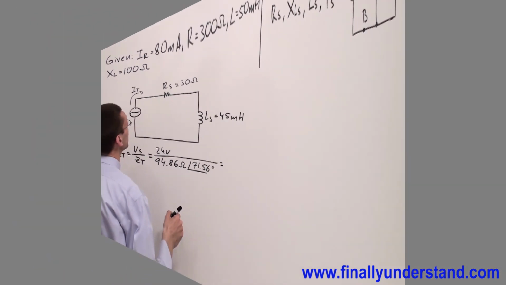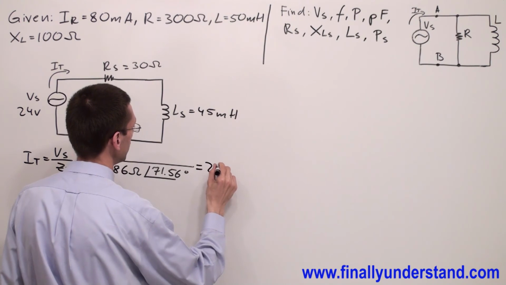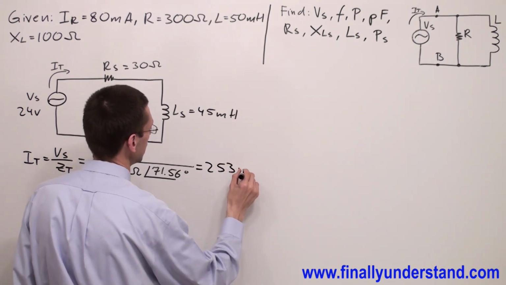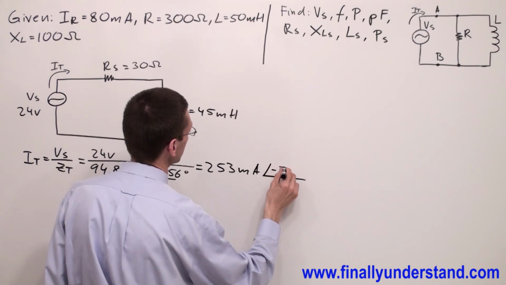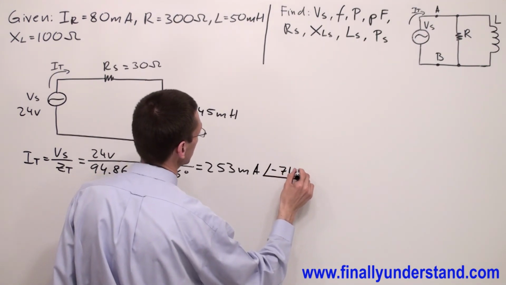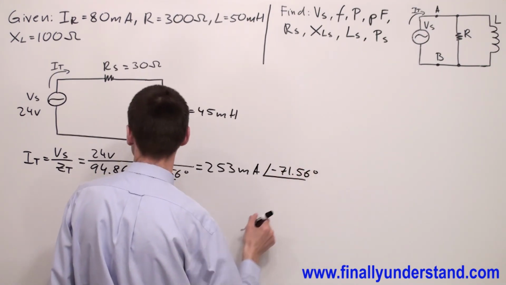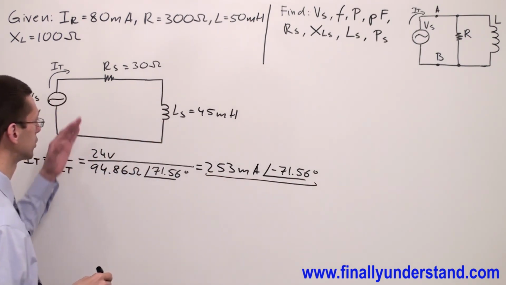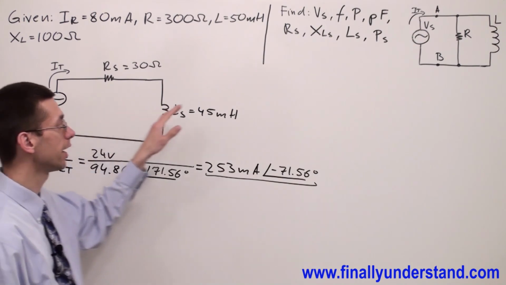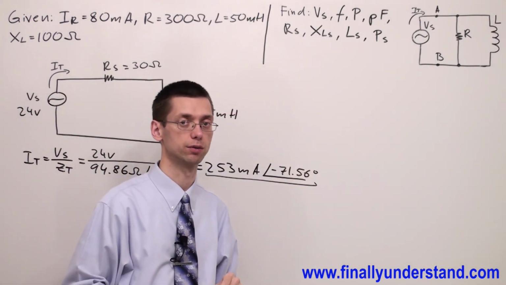This is equal to 253 milliamps at an angle of negative 71.56 degrees. So this is the total current in my series equivalent circuit and in my parallel circuit.